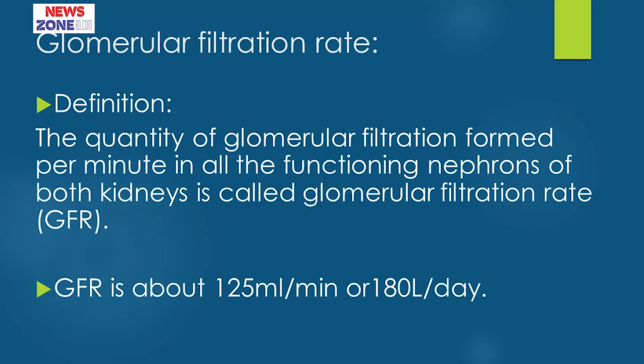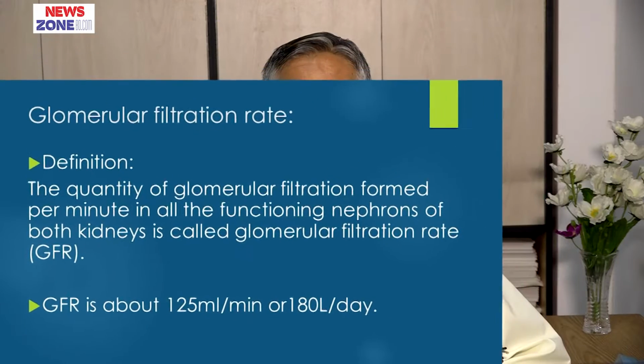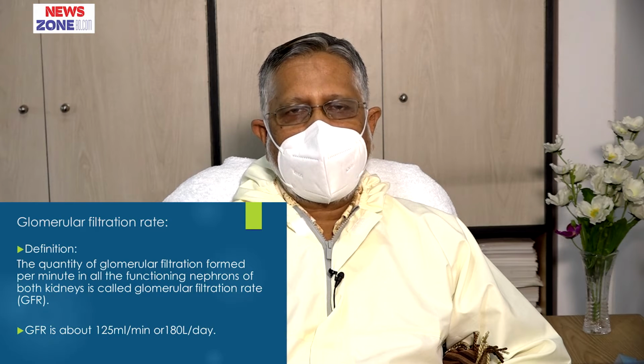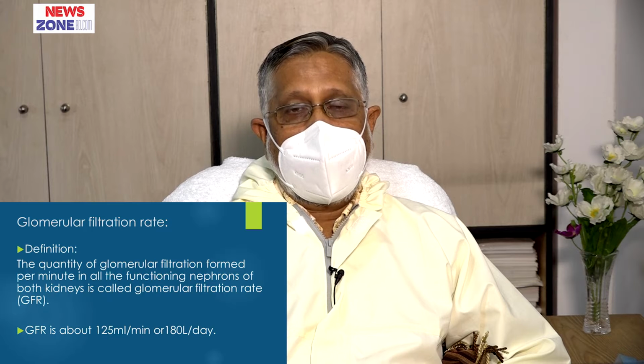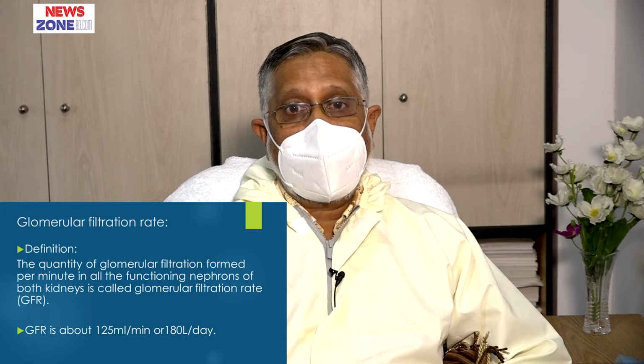Now, at the beginning of today's topic, glomerular filtration rate, the definition is this: glomerular filtration rate is the total quantity of glomerular filtrate formed per minute in all the functioning nephrons by both the kidneys.